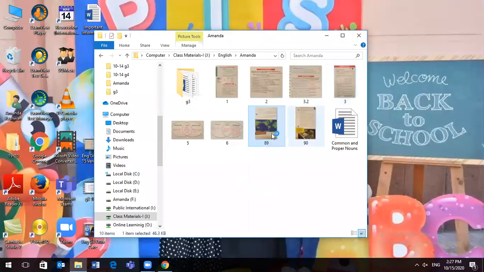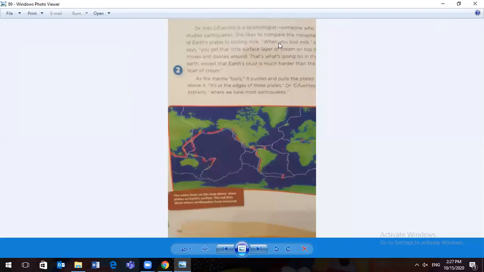Let me go down like this so we can go back and forth. So it says here that you get a layer of cream on top when you boil milk, okay? And it also says here that when the mantle boils, it pushes and pulls the plates above it, all right? And it also says that the Earth's crust is harder than the layer of cream.